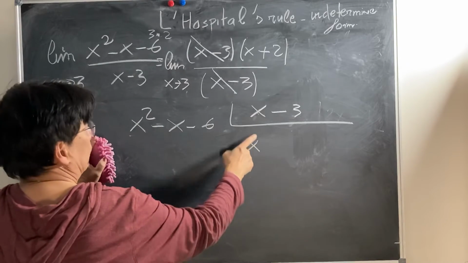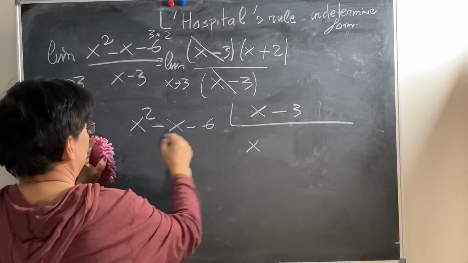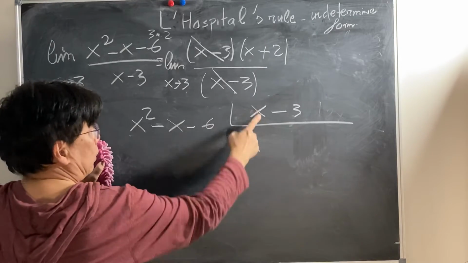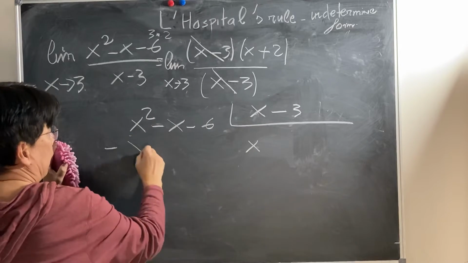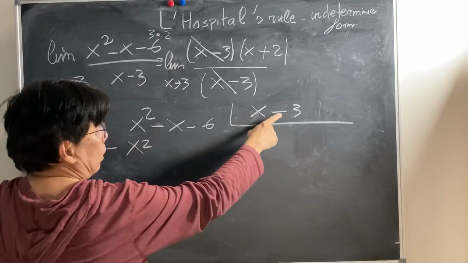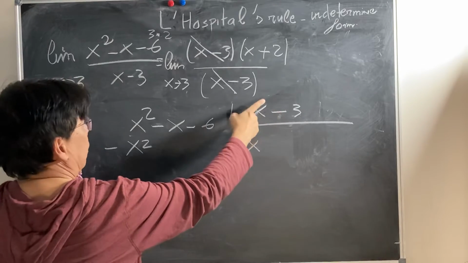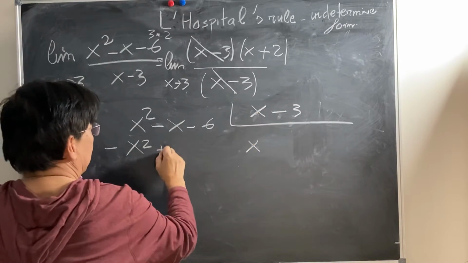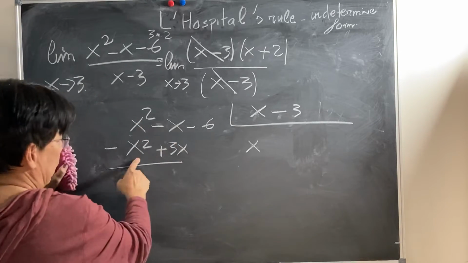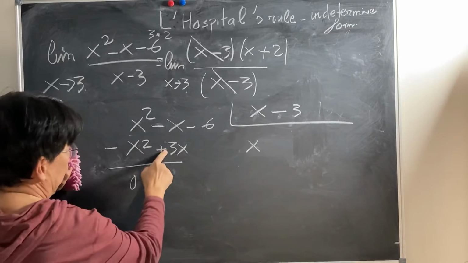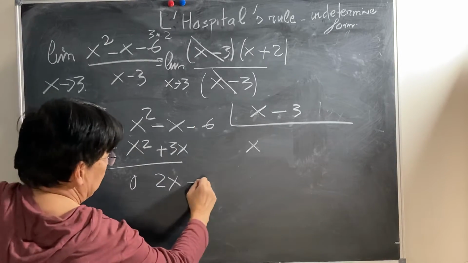So x times x is x squared, and when you move it here it becomes minus x squared. x times minus 3 is minus 3x, and when you move it here it becomes plus 3x. Then add it up: x squared cancels with x squared, plus 3x minus x gives 2x, and bring down the minus 6.